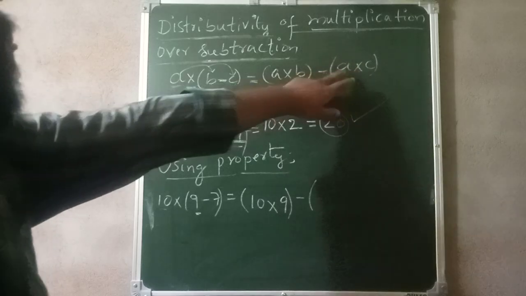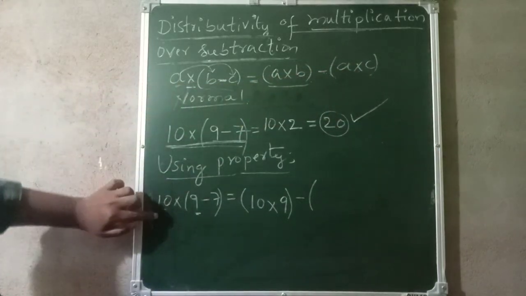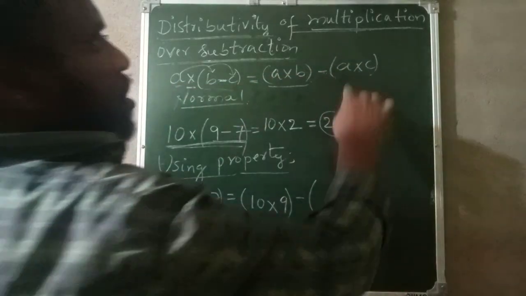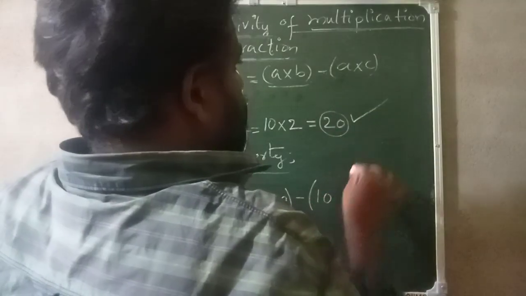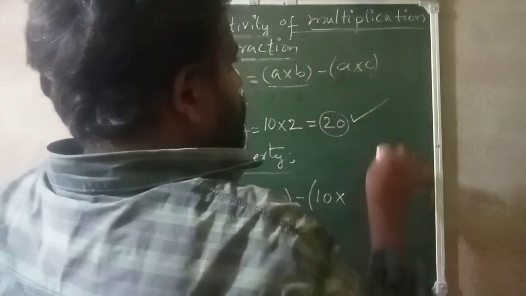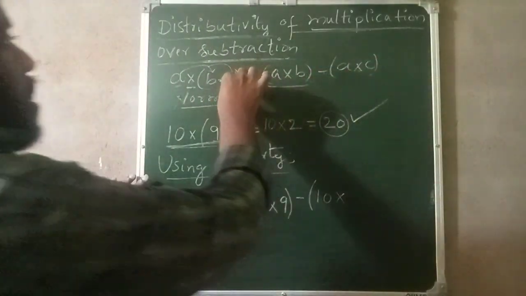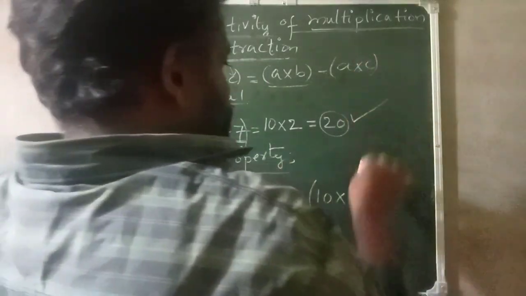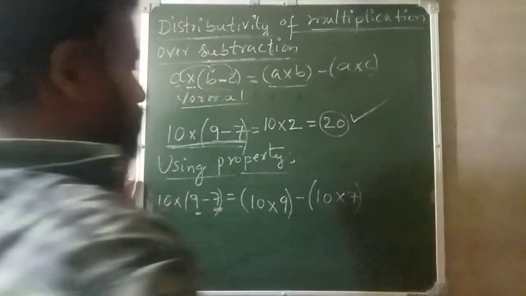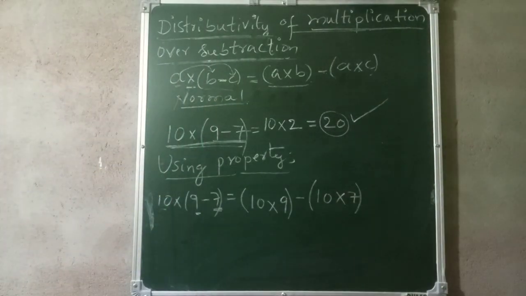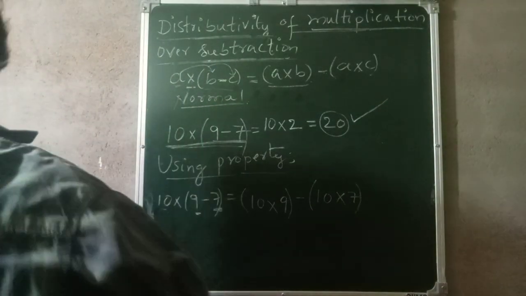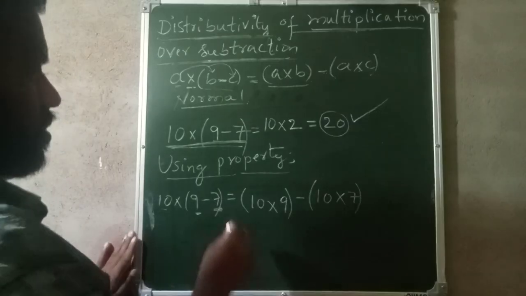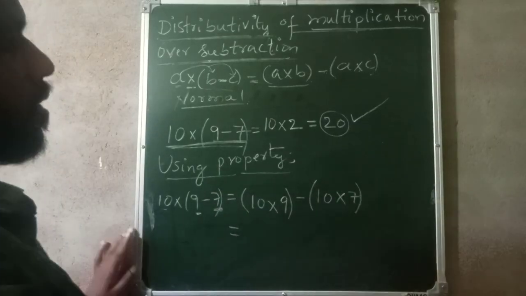Now this is A. So in place of A we have 10 now. So in place of A write 10 now. Into next to C. In place of C we have 7 now. So in place of C write 7. So is equal to.